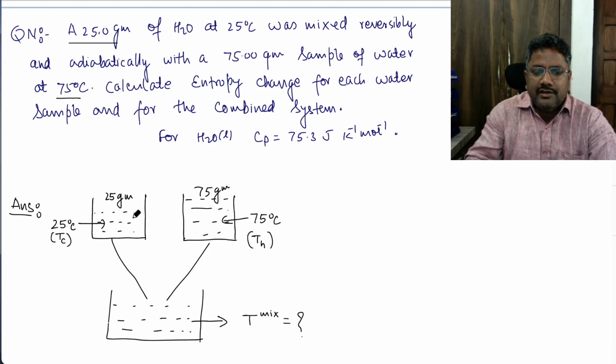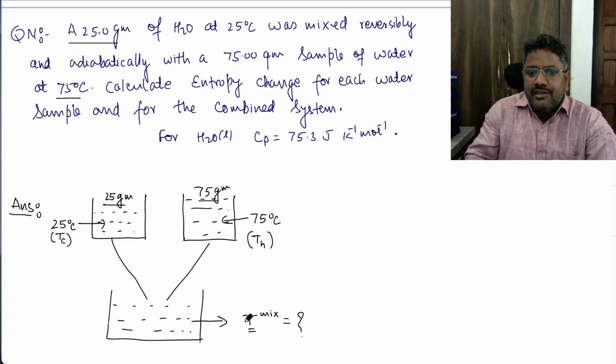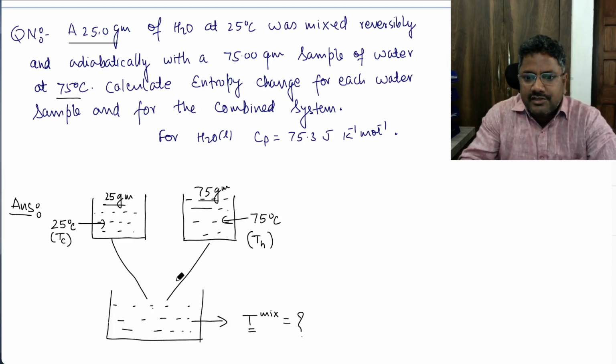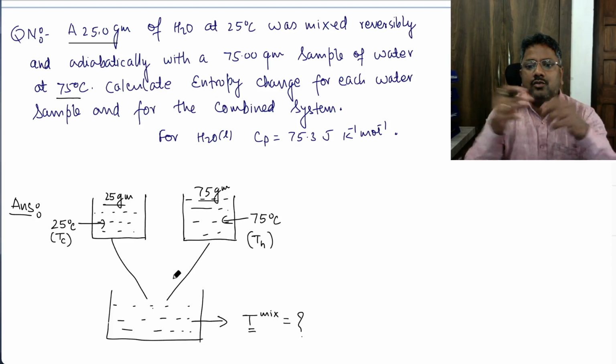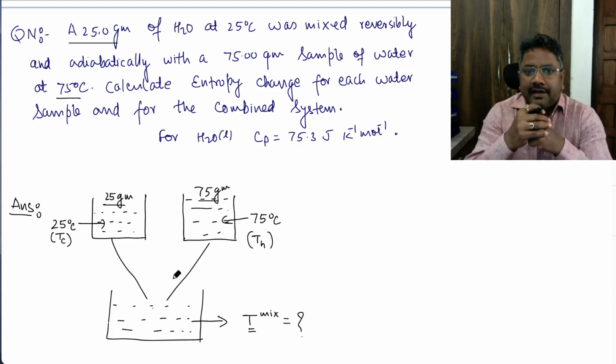I have shown here, this is cold with respect to this, and this is hot with respect to this. This is 25 gram, this is 75 gram. So when they were mixed, this is the initial state of our system, and this is the final state. If we are able to calculate this T mixture, then we can calculate the entropy change for this, entropy change for this, and the total entropy change we can add directly.